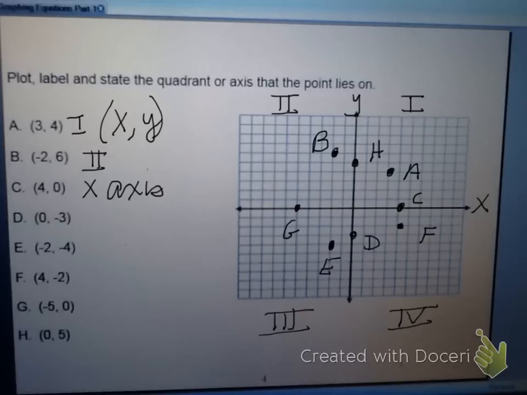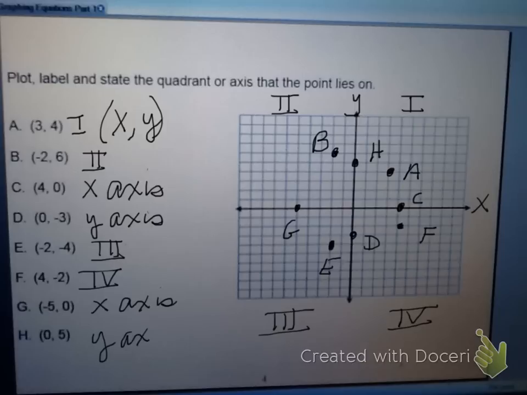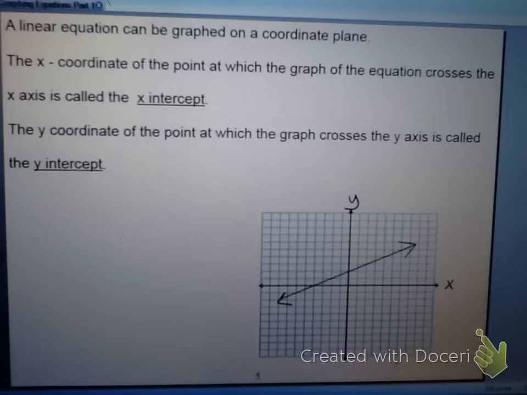It is on the y-axis. E is in quadrant 3. F is in quadrant 4. And by the way, quadrants are always in Roman numeral. G is on the x-axis. And H is on the y-axis.